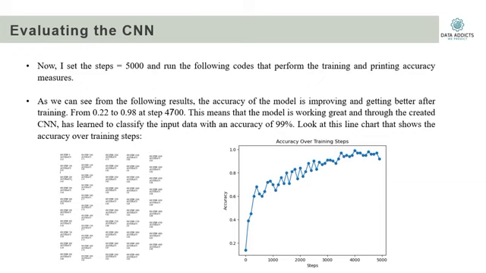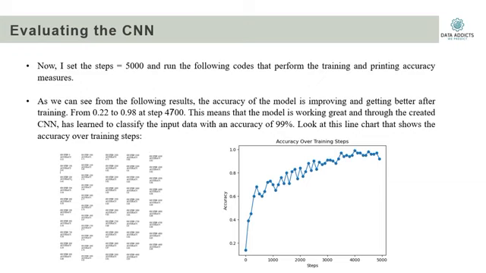As we can see from the following results, the accuracy of the model is improving and getting better and better in every step of training, from 0.22 to 0.98 at step 4700.